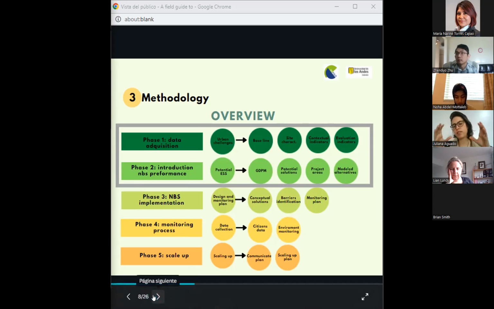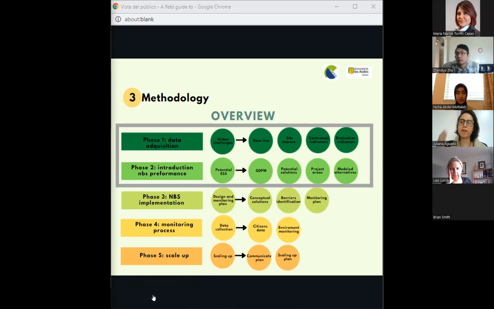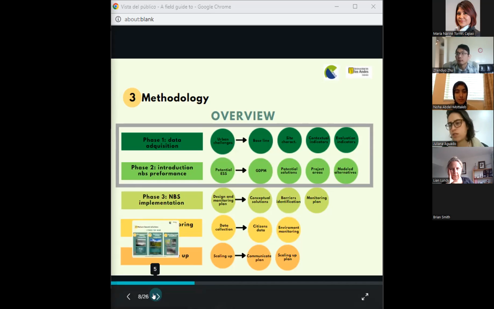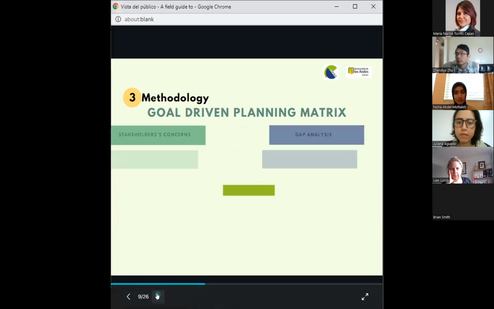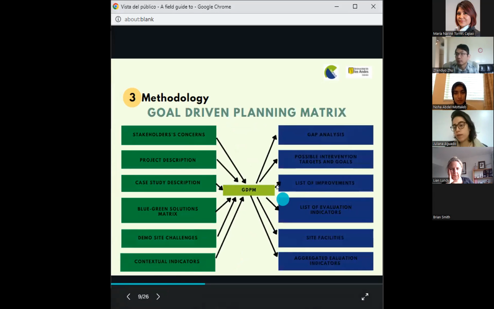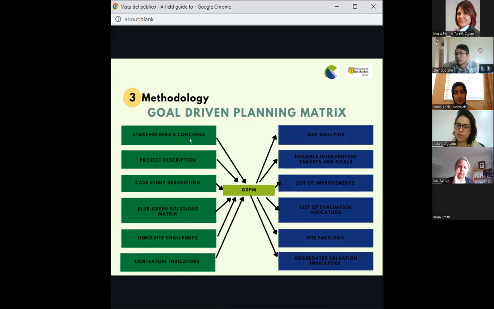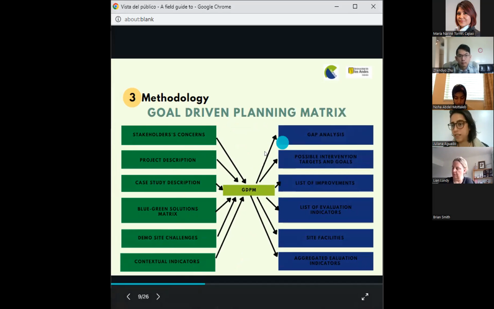So nowadays we are in the middle of the first and the second phase. We are developing the goal-driven planning matrix of our case study. The goal-driven planning matrix involves the stakeholders' concerns, the project and case study description, the blue-green solutions that the stakeholders consider, the demo site characteristics and challenges, and the contextual indicators that help us to identify the baseline status.